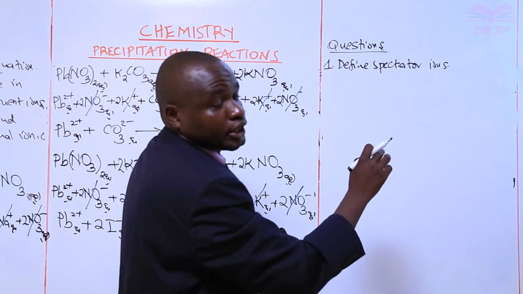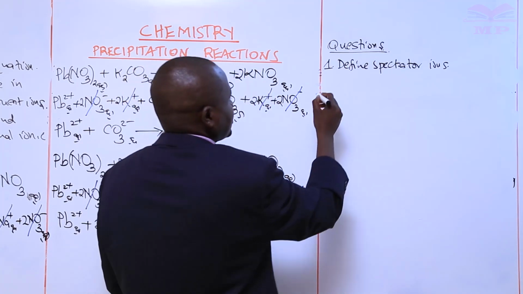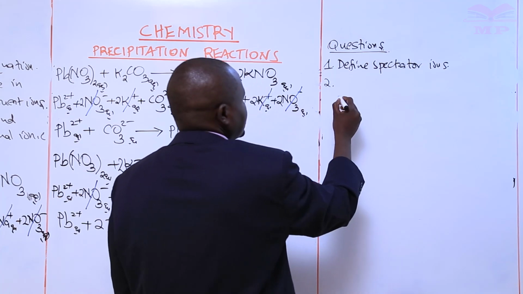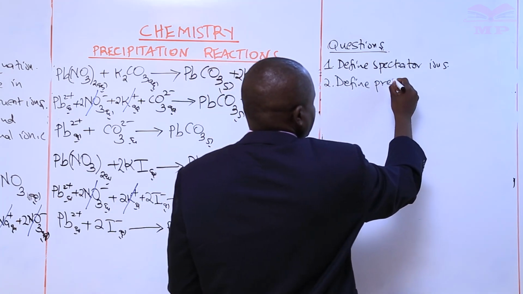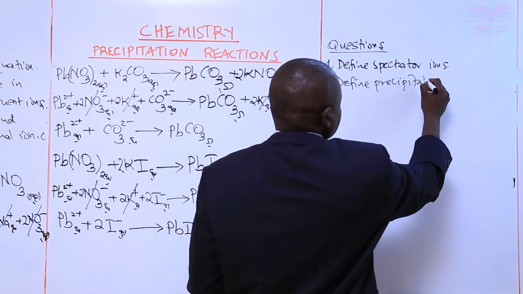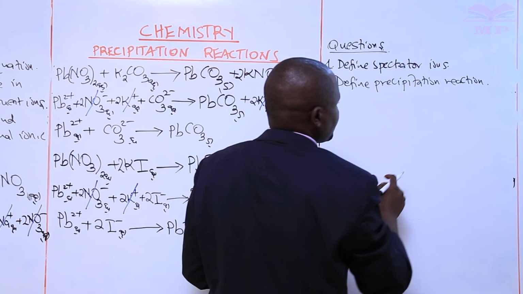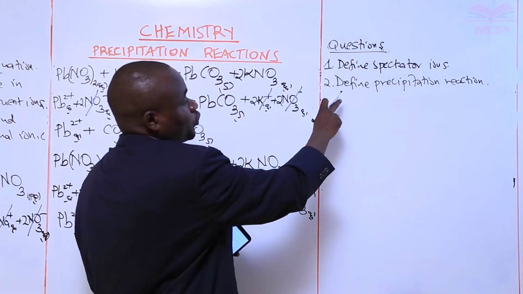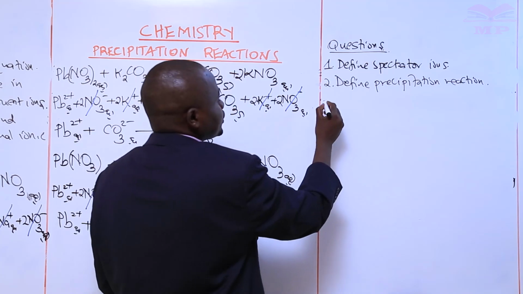First question is you're supposed to define spectator ions. Second question, define precipitation reaction. Second question, you define what the term precipitation reaction means.